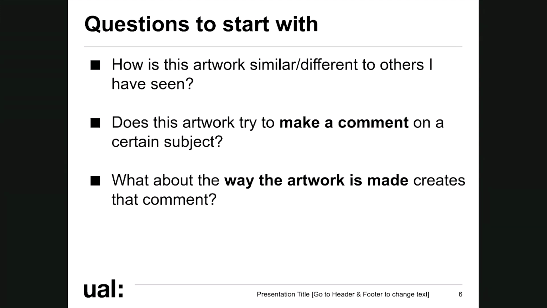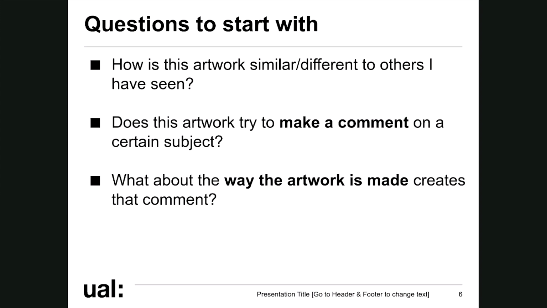So why I've tied those two questions together is because it allows you to begin to make interpretations by analyzing certain formal aspects of the artwork. What I mean by formal aspects is literally what's in the work. So if we're looking at a painting, we might think, okay, this painting has a critical or maybe a kind of condemning, maybe even an outraged tone to it, or a comment which is outraged. So what is it about the work itself which gives me that sense of anger or frustration, perhaps?